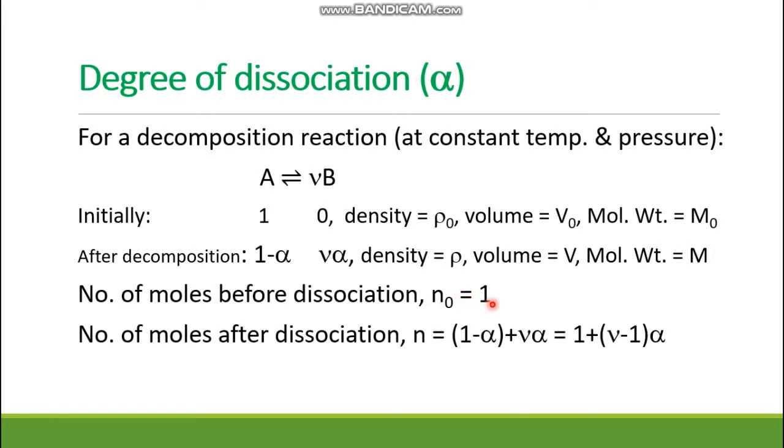If n0 is 1, then what is the number of moles after decomposition? It should be the summation of these two, 1 minus alpha plus nu alpha. If you take alpha common, it becomes 1 plus alpha into nu minus 1. This is the number of moles after decomposition, and the other is the number of moles before decomposition.